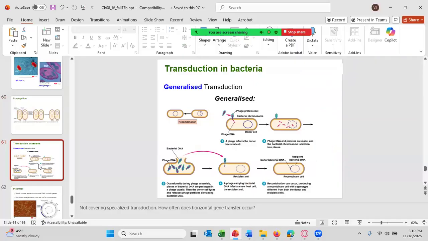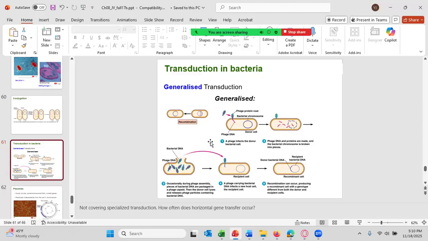All right, the third way that cells may gain genetic information is by transduction, where the DNA leaves one cell and then is gained by the recipient cell. In transduction, we have a virus moving the DNA from one cell to another cell.